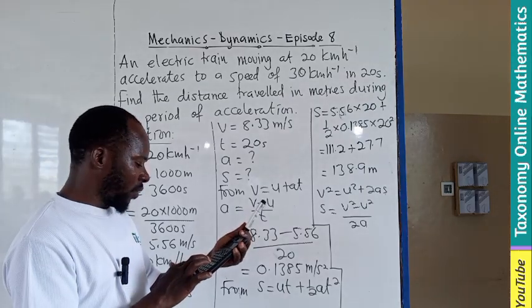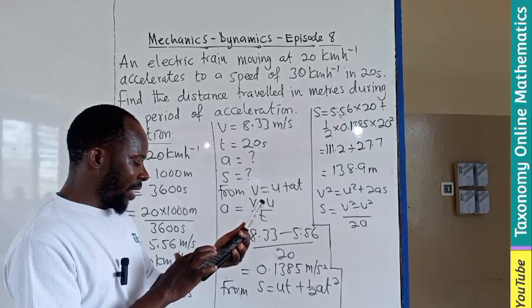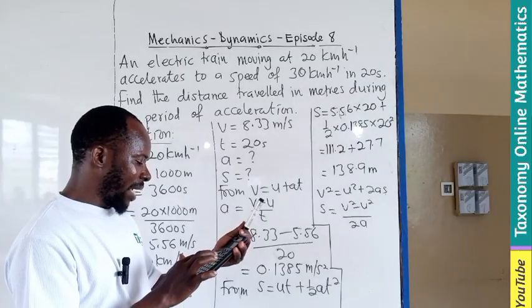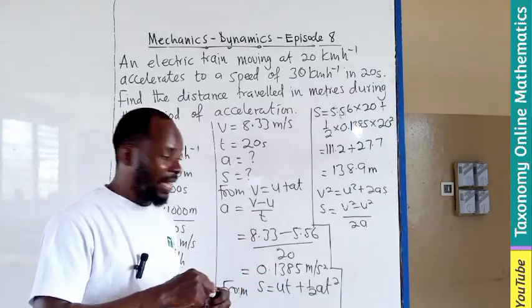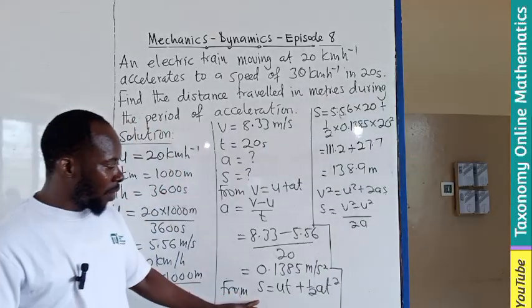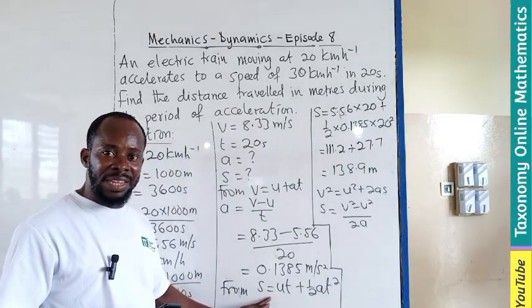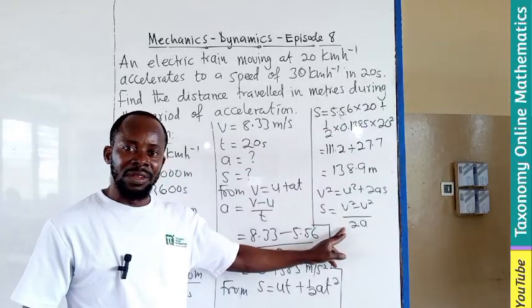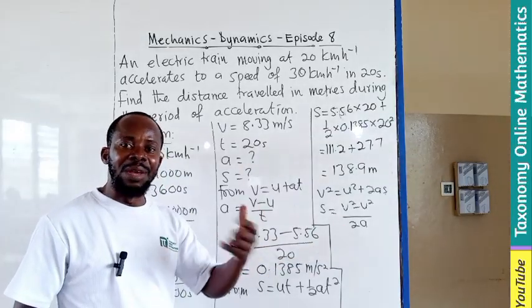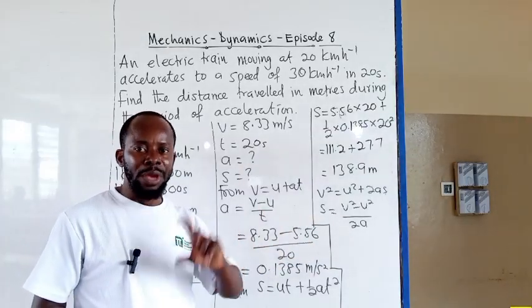That will give you 138.9. So you can see, even though we did not make use of the time in this calculation, we arrive at the same solution. So it is the question that determines which of the equations to make use of.